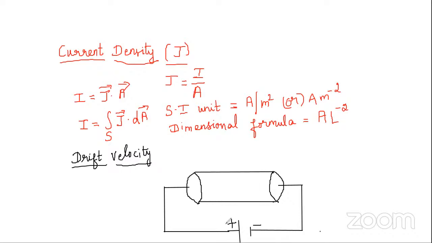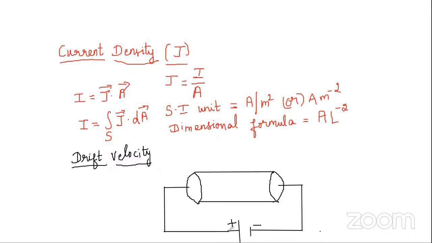What will happen here? Inside the conductor there are a lot of free electrons. This is a good conductor of electricity. So when I apply this kind of potential difference to this conductor, what will happen?